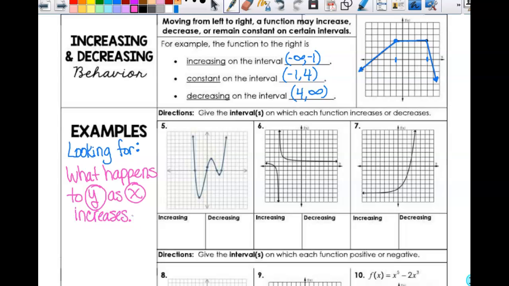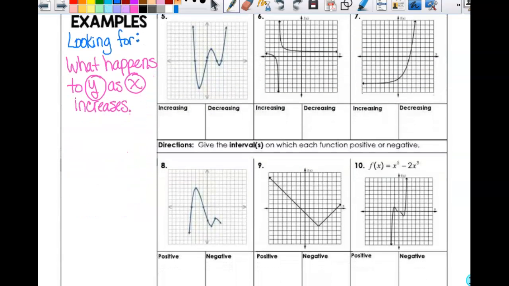That's what we're looking for. What we write about are intervals of the domain.